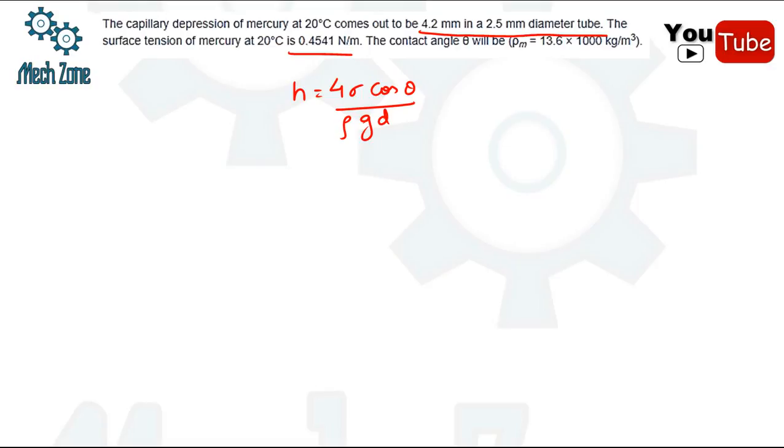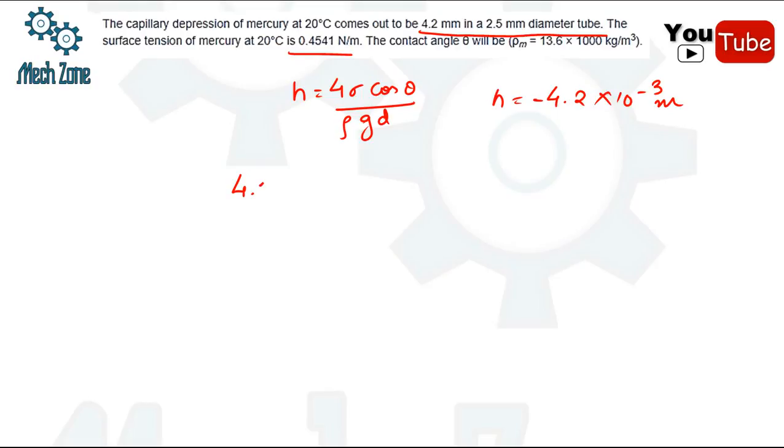So it is a case of depression. Since this is a case of depression, we will keep h as minus 4.2 into 10 to the power minus 3 meter. So let us try to keep all the values.